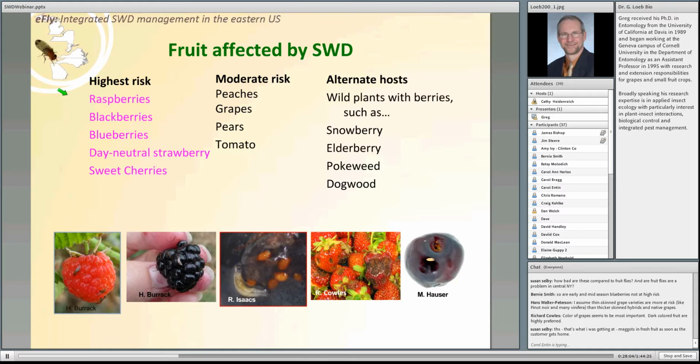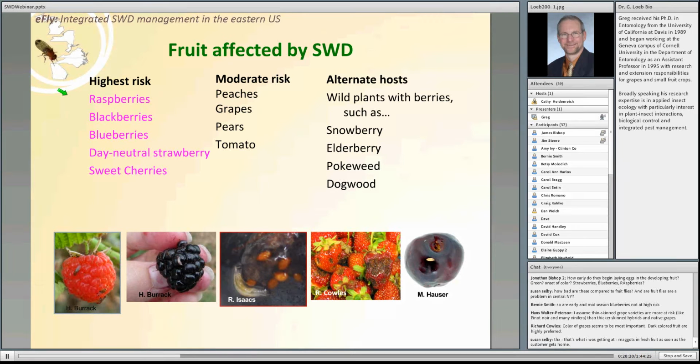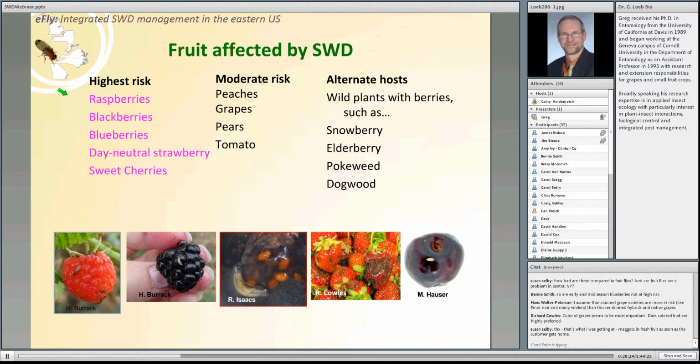So we'll need some more information on unprotected blueberries to figure out which varieties are at most risk. Again, I'm suggesting the later season are probably the greatest risk, but over time, it's not inconceivable that as these flies show up earlier in the season, other crops or earlier maturing varieties are at risk.